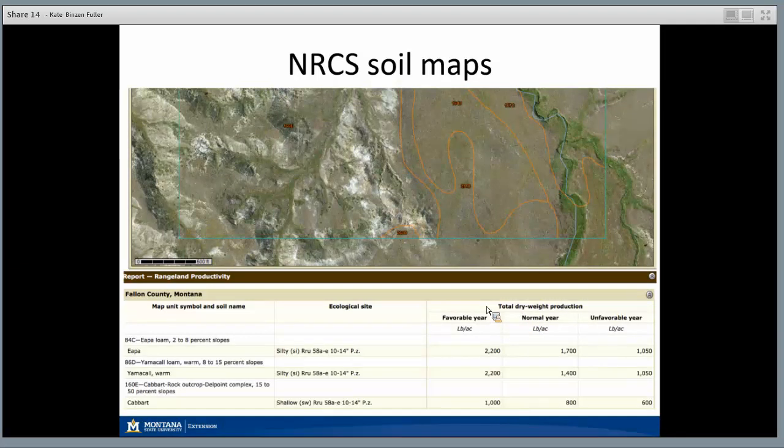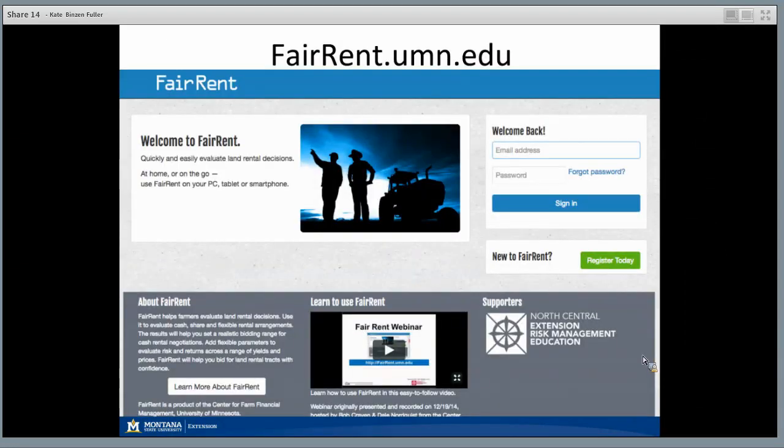So this is an example of somewhere in Fallon County. It gives you an idea of what type of soil and what type of slope is on this particular tract, and then what the forage production on each of those soil types is predicted to be in a given year. And what a lot of people do is take an unfavorable year and use that as the basis for setting their stocking rate.